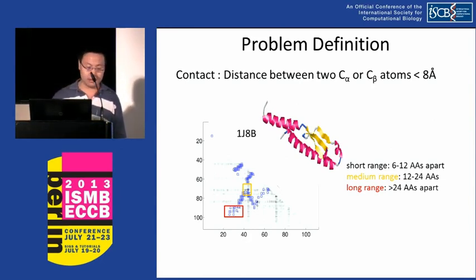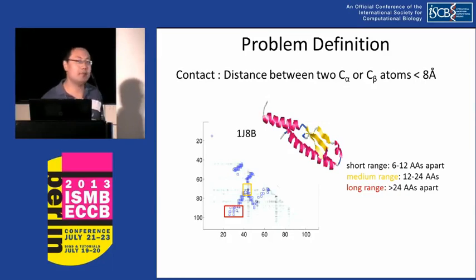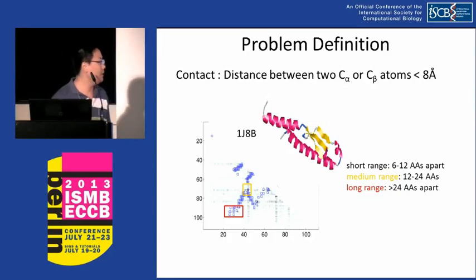This picture shows you a very small protein, and the blue boxes represent the contacts. There are three contact categories: short range, medium range, and long range, depending on the sequential distance of two residues along the primary sequence.